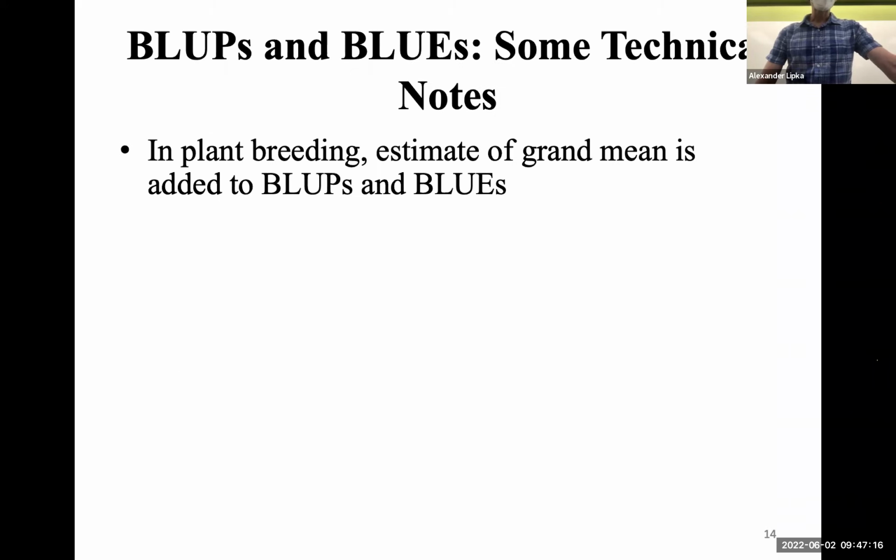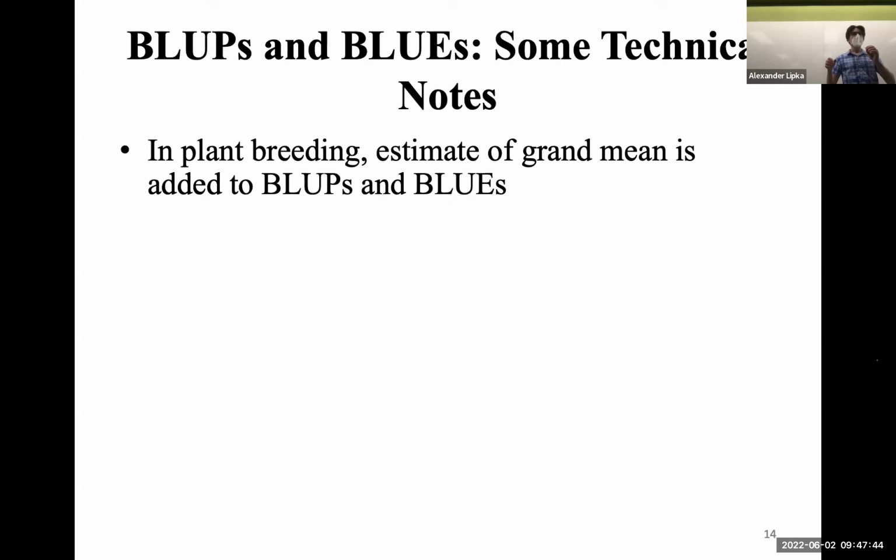Okay, and then some technical notes. In plant breeding, the estimate of the grand mean. Here's the thing that confused me when I first got into quantitative genetics and plant breeding. In practice, what is done is this. You fit the models that I've shown in the previous page, and you obtain your BLUPs if genotype is a random effect, and your BLUs if genotype is a fixed effect.